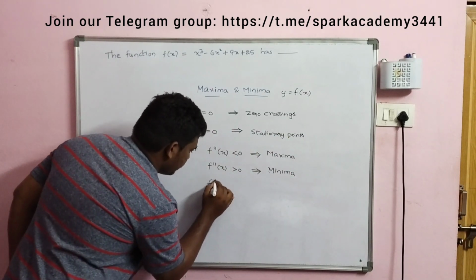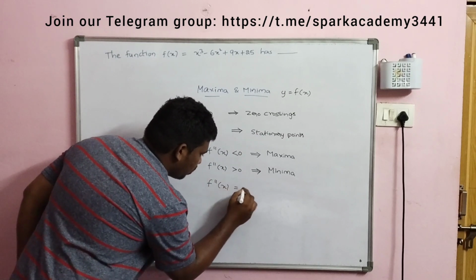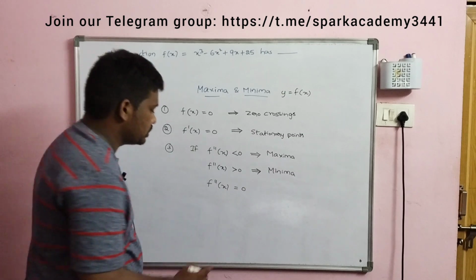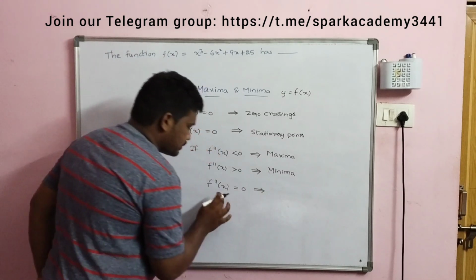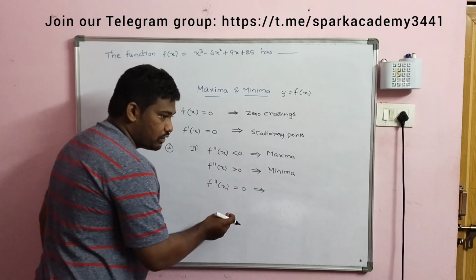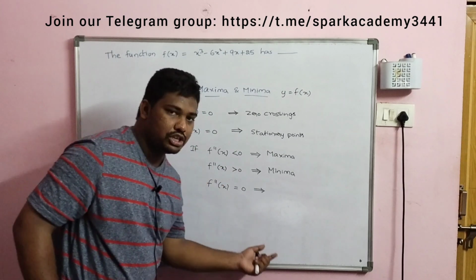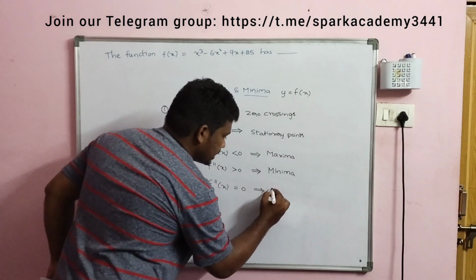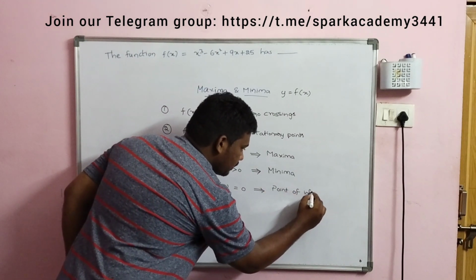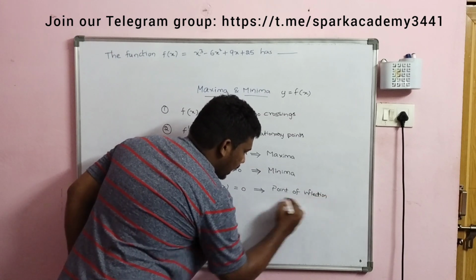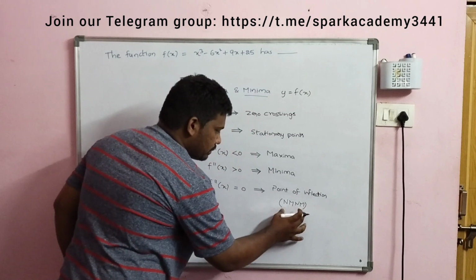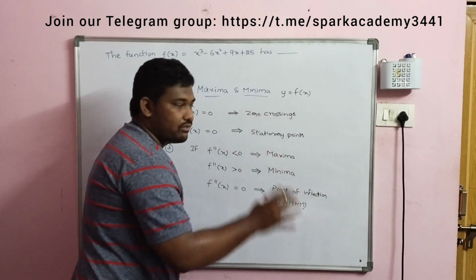Then if f double dash of x equal to 0, that is, if we double differentiate the function and substitute that particular value of x and the result becomes 0, then that point is called a point of inflection, or neither maxima nor minima. Neither maxima nor minima point is called point of inflection, right?